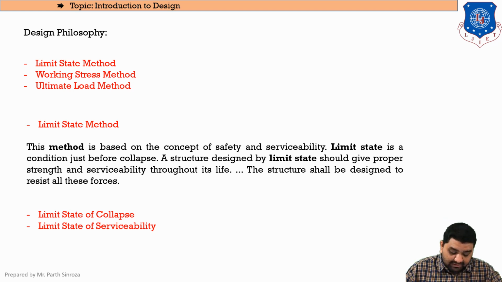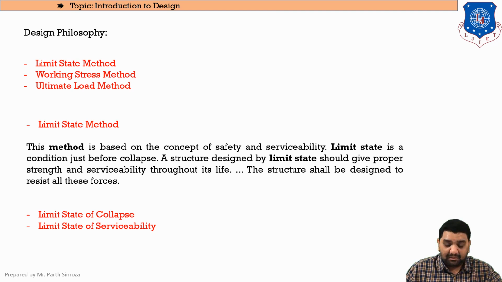So a structural design by limit state should give proper strength and serviceability throughout its entire life. Design life of a building depends upon the material used and the purpose of the building. For example, a normal design life of a residential building will be 50 to 70 years.